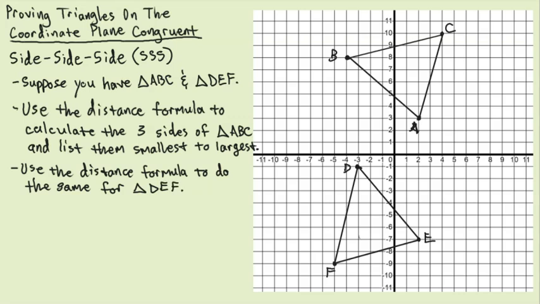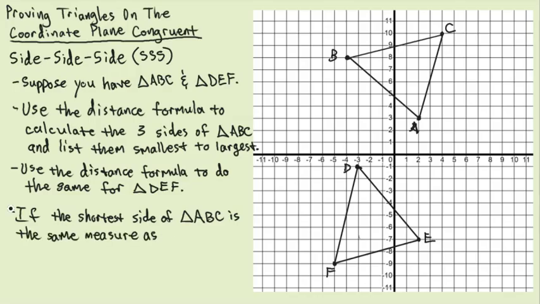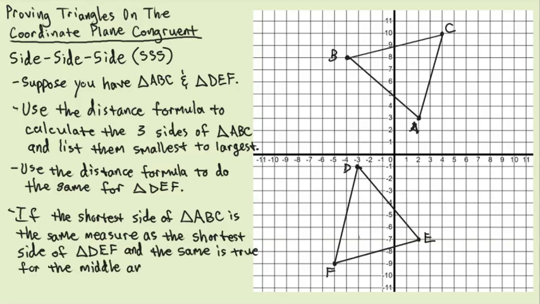Then, if the shortest side of triangle ABC is the same measure as the shortest side of triangle DEF, and the same is true for the middle and longest sides, then the triangles are congruent.